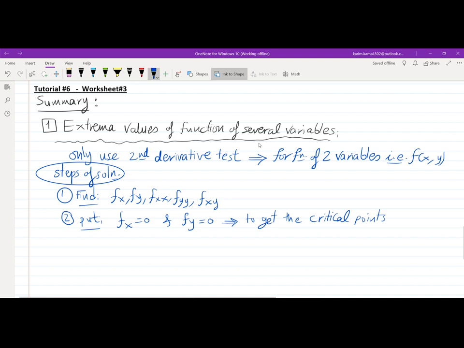Third step is to evaluate or find the value of D, which we call the discriminant.